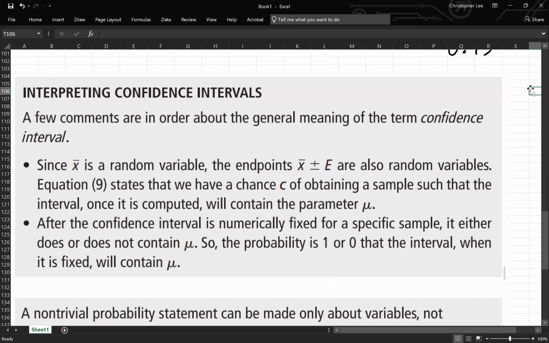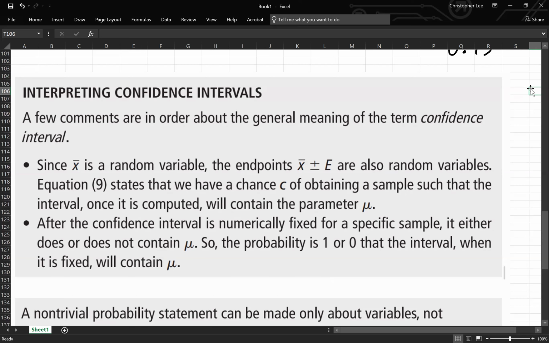All right. So, interpreting confidence intervals. A few comments are in order about the general meaning of the term confidence interval. Since the sample mean is a random variable, the endpoints of the sample mean plus or minus the margin of error are also random variables.